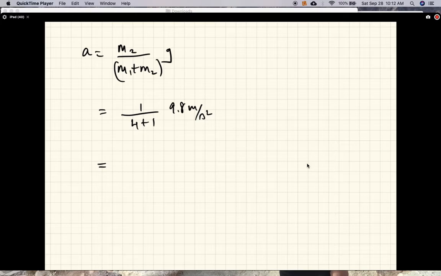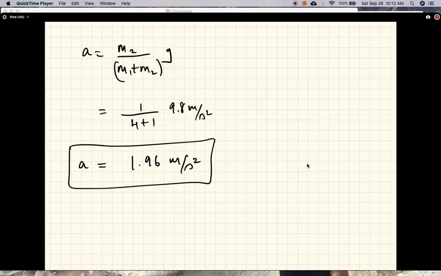Okay, so 1/5 of g, which is 1.96 meters per second squared. So that's the magnitude of the acceleration of the two objects.